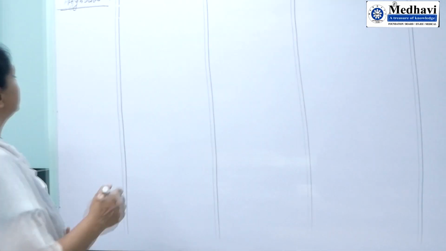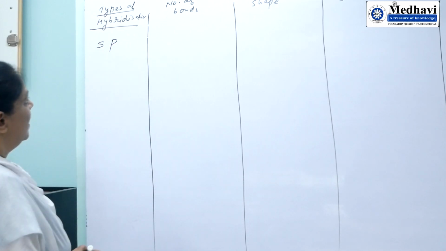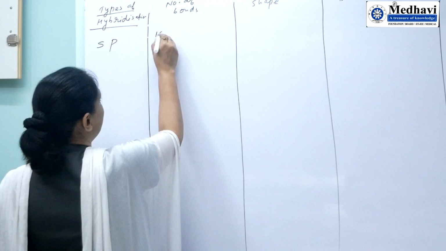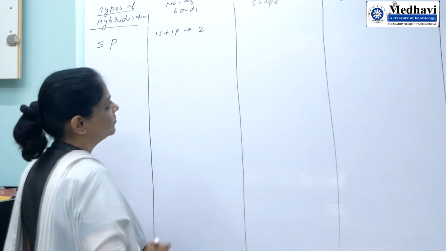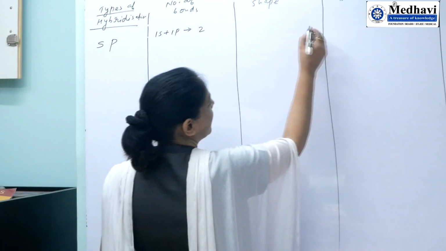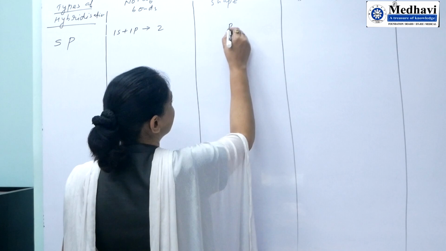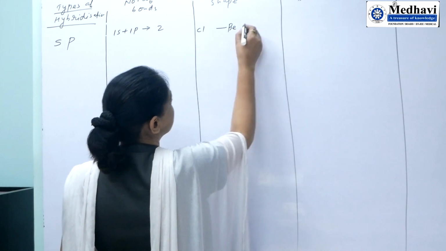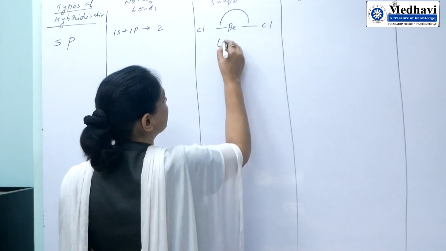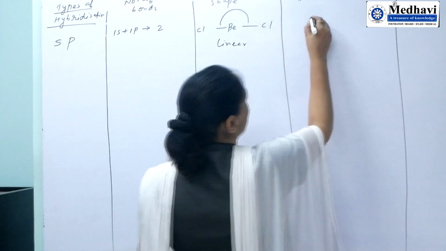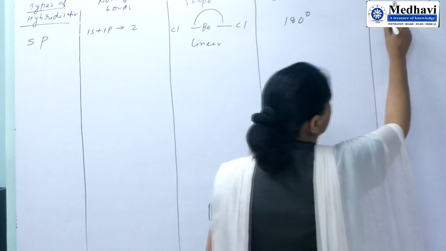So, the first type of hybridization is sp. Here 1s and 1p are used. So we can say the total number of bonds is 2. One example I can take is BCl2. Its shape is linear. Its bond angle is 180 degrees.